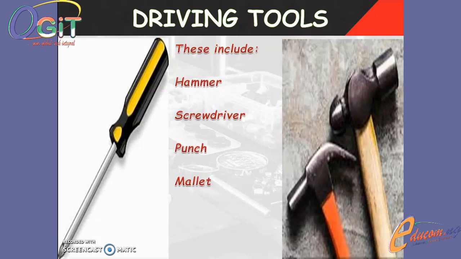You should know that we have so many types of hammer, such as the straight pen hammer, cross pen hammer, planishing hammer, and the likes. Also, we have examples of screwdrivers, which includes flat screwdriver, star screwdriver, offset, and the likes. Also, we have so many types of punches and mallets.